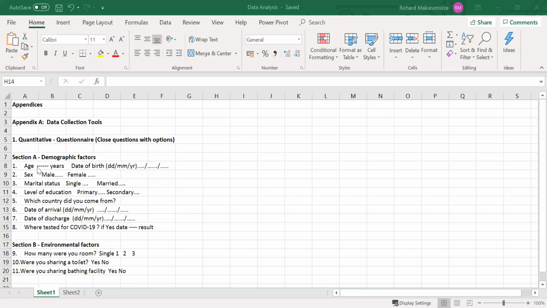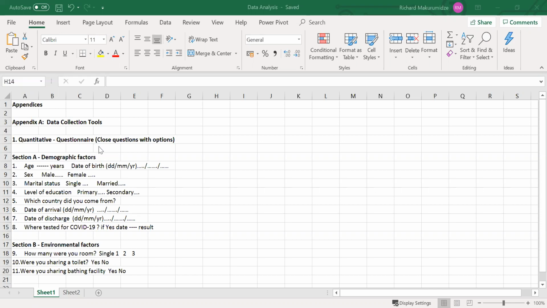So at the end, remember, we were discussing sampling. That's the sample size, the number of people you want, and we said for quantitative, you need at least 20, around 30 to 50 questionnaires. But for qualitative, you need around five or so study participants.